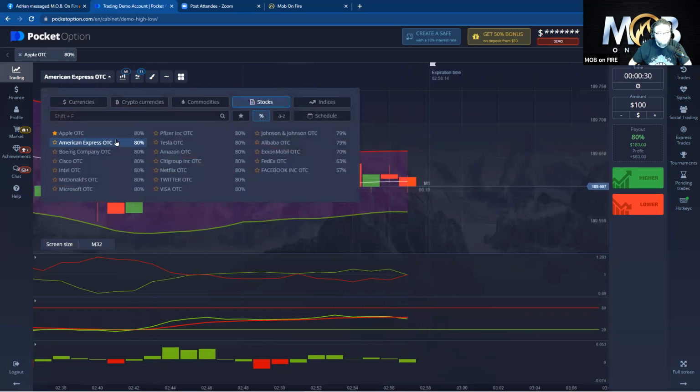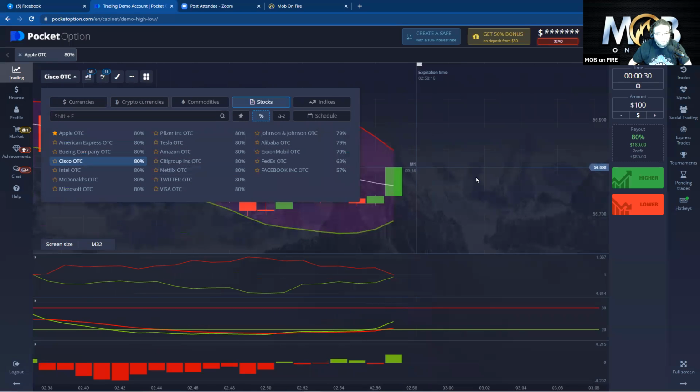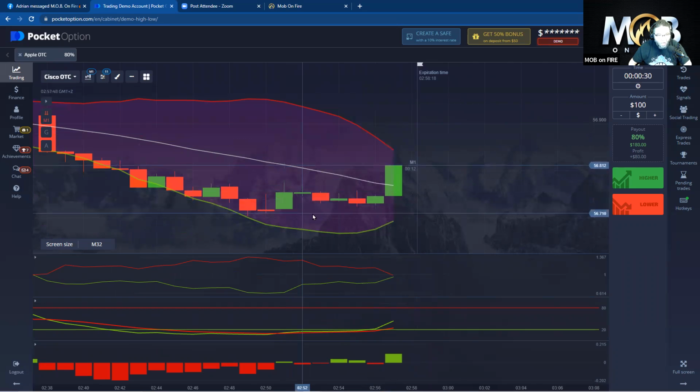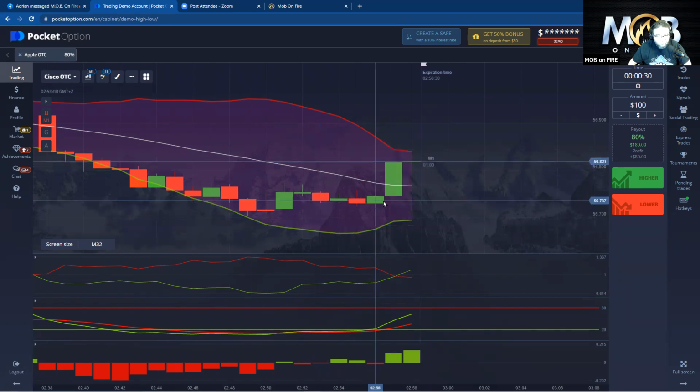What I'm looking for is things that are jumping. A wide Bollinger Band, that's excellent. See how it's wide over here, but then you take a look at the oscillator right here and it is flat. You have consolidation all the way through there, and the volume is scarce.